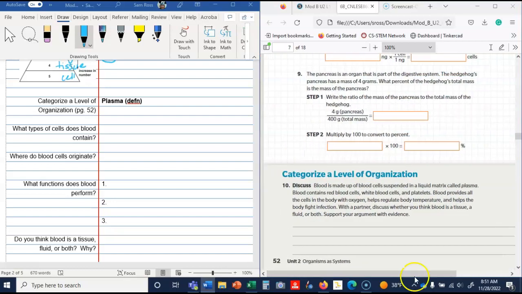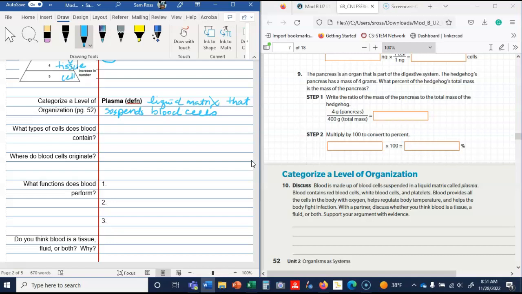So down here at the bottom, under categorize a level of organization, it says blood is made up of blood cells suspended in a liquid matrix called plasma. So if we wanted to define plasma, we could say that it is the liquid matrix that suspends blood cells.